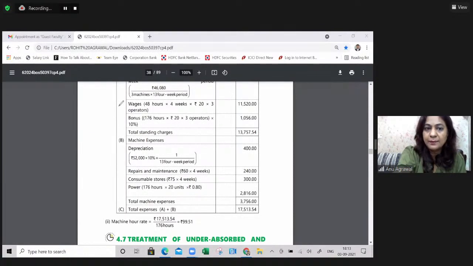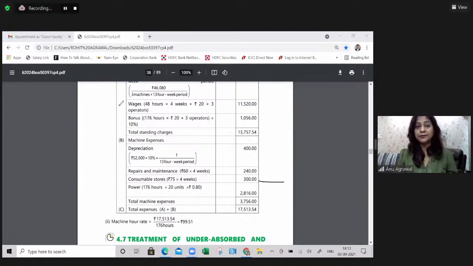I would have taken up expenditures till here. I would have added up everything: 13,757.54 plus 400 plus 240 plus 300. How much does this come out to be?